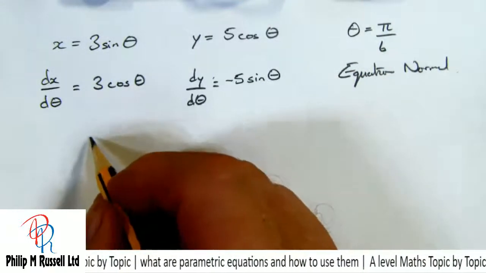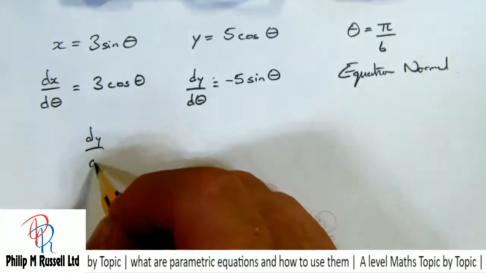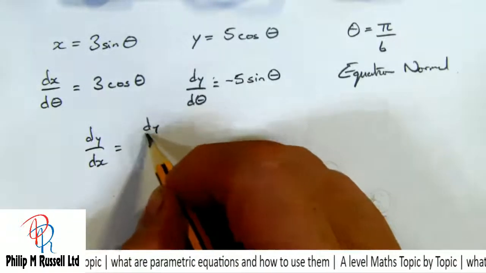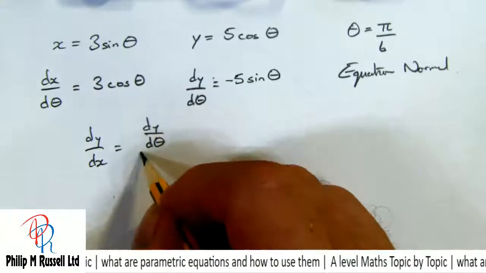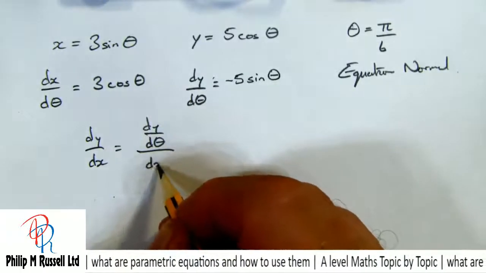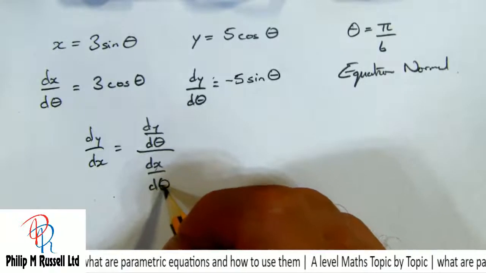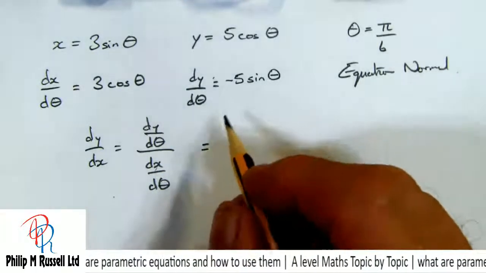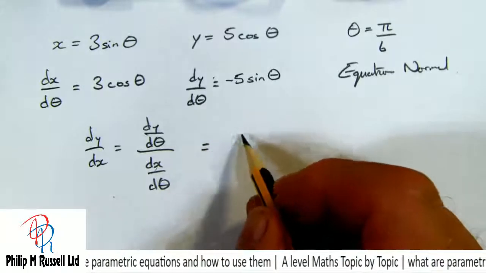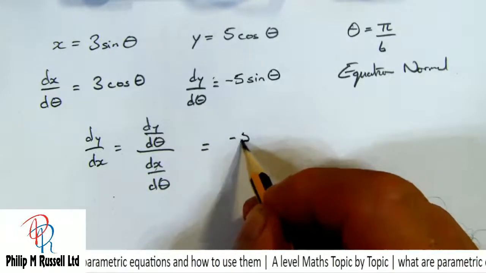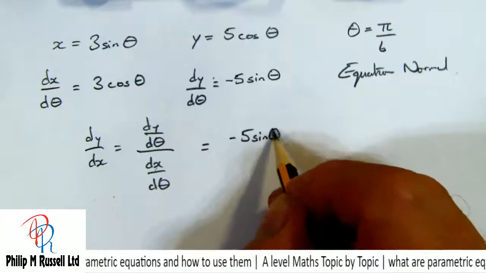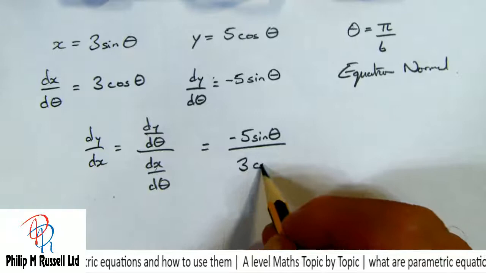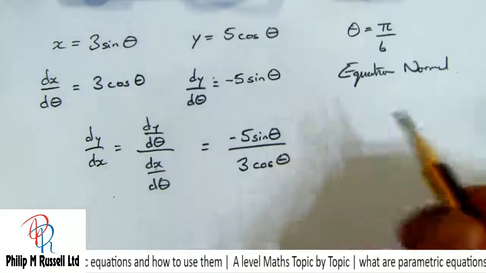I know that dy by dx equals dy by d theta all over dx by d theta. So let's put those in. So we've simply got minus 5 sine theta all over 3 cos theta.